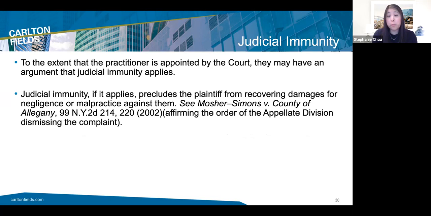And judicial immunity is important because it precludes the plaintiff from recovering damages for negligence or malpractice against them. And I put up a case where that was an example. And again, it's going to be dependent on the relationship the practitioner has with the courts and how much of that was determined and directed by the courts.